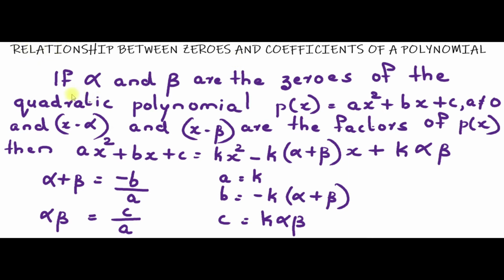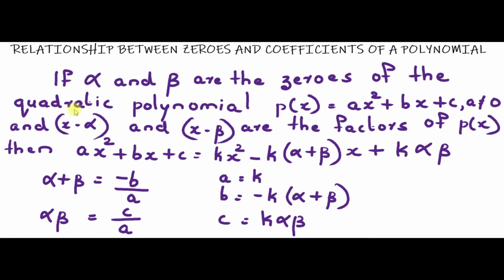So, now, if alpha and beta are the zeros of the quadratic polynomial p of x is equal to ax square plus bx plus c, where a not equal to 0, and x minus alpha and x minus beta are the factors of p of x, then quadratic polynomial means, a polynomial having degree 2 is known as quadratic polynomial.